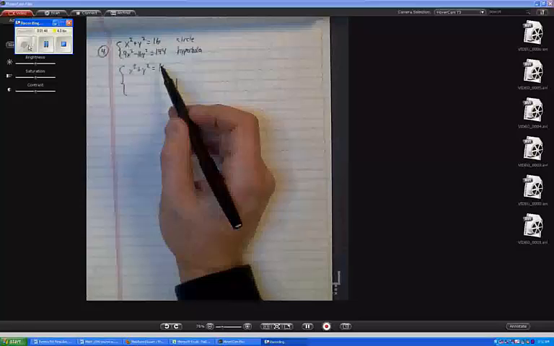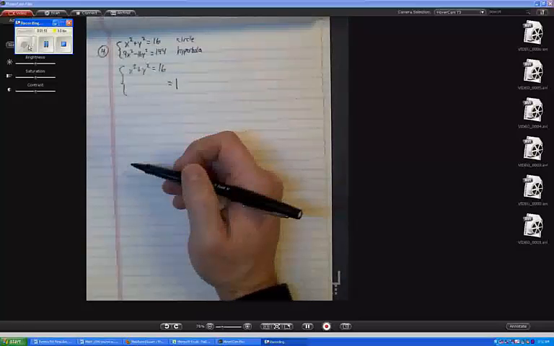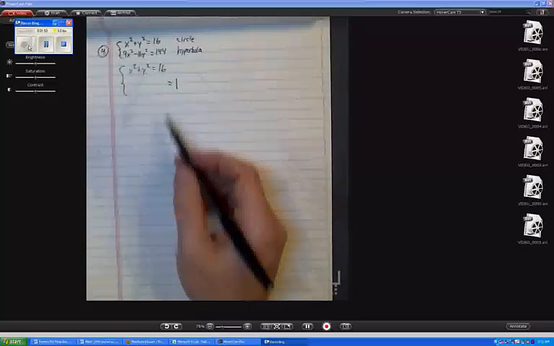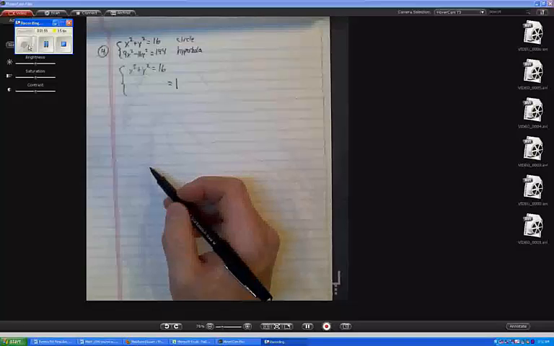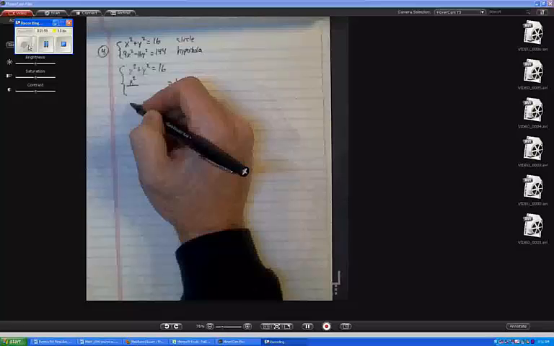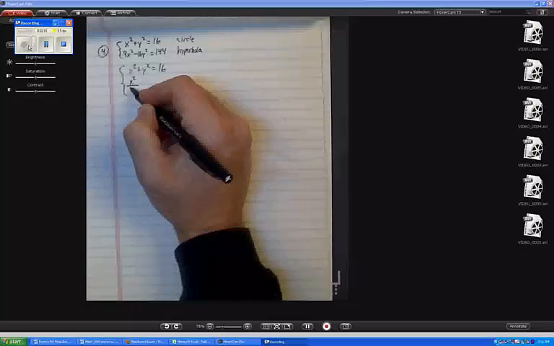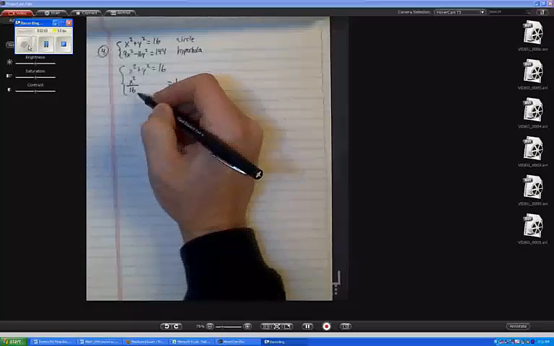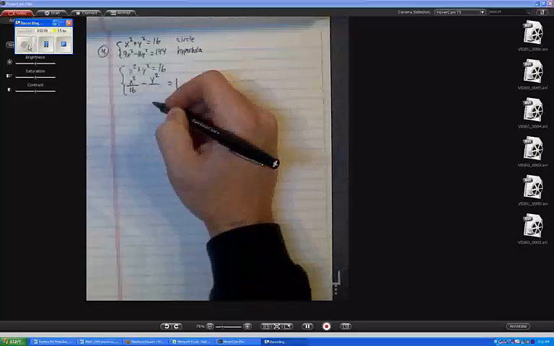Anyways, when I divide everything by 144, what do I get? I get x squared over 16, because the 9's cancel if you want, minus y squared over what? 9 equals 1.